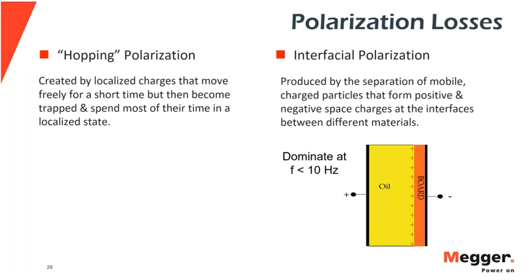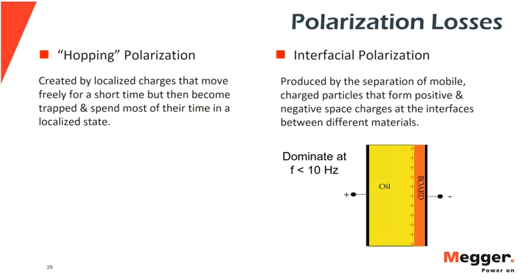With application of that field, you can see that the positive moving charge particles in the oil are going to be attracted towards the pressboard, while the negative charge in the pressboard is going to be attracted towards the oil. And so they meet and form a barrier at that interface, and it can cause any current that would otherwise flow through this material to take a different path.